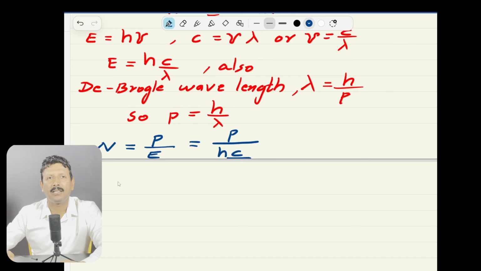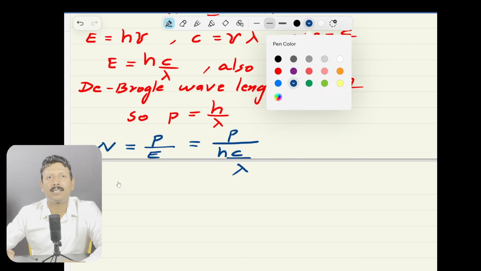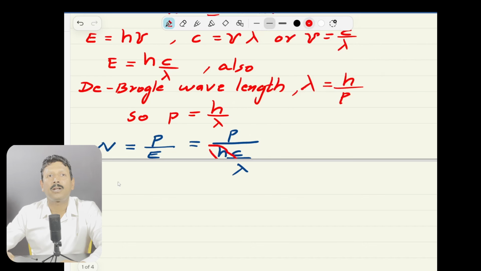Now let me rewrite this. N is equal to P by E. This time in the place of energy we substitute h c by lambda, and h by lambda we wrote above is equal to the momentum p.